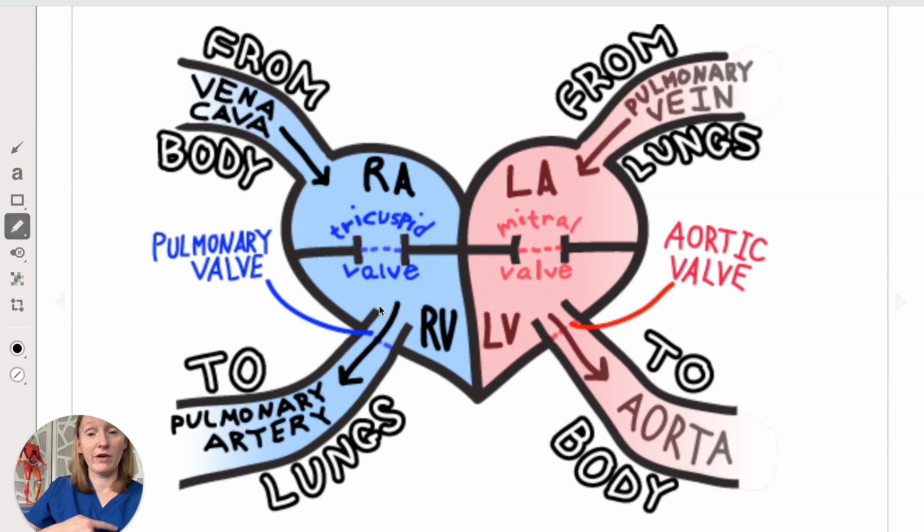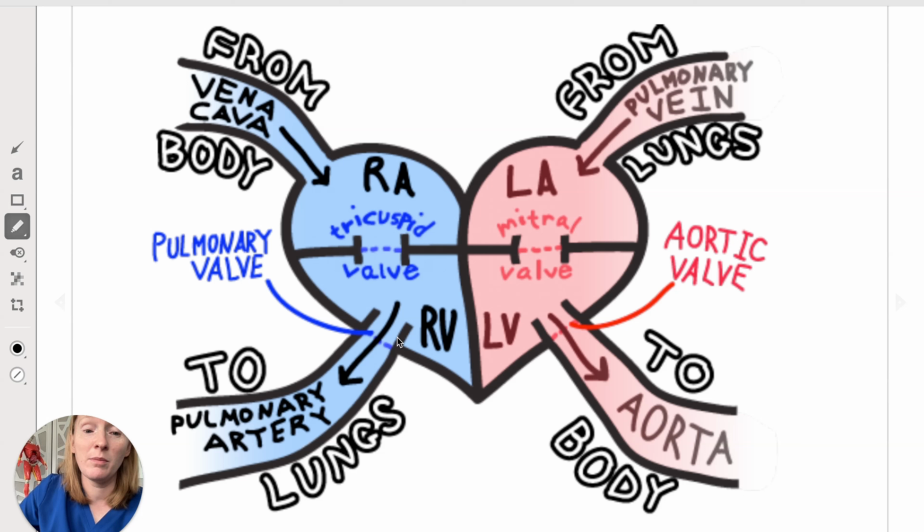So it doesn't have to go very far. But the left side of the heart pushes blood all the way down to your toes and back again. That's a lot farther. And it has to be strong. It has to have strong biceps in order to push blood that far. So I always remember that the bicuspid is like my biceps. We're flexing, we're pushing blood all the way around. It's stronger. It's on the left side of the heart. So I hope that helps you remember the valves too.